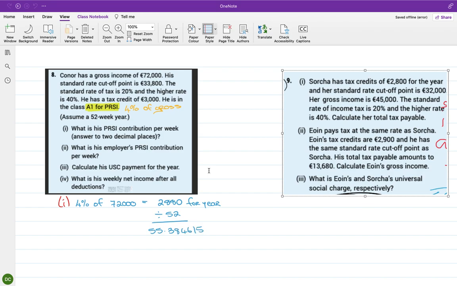But it says here that they would like the answer to 2 decimal places. So if we go 1, 2, and stop, the 4 isn't big enough to push the number up, so we just leave it. So it's €55.38 a week.